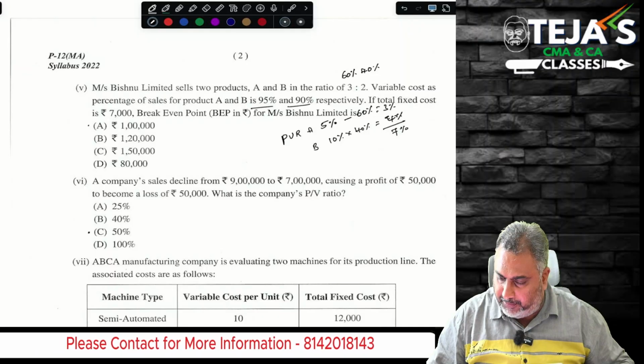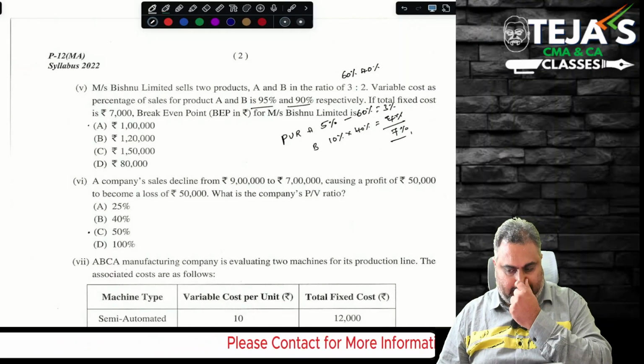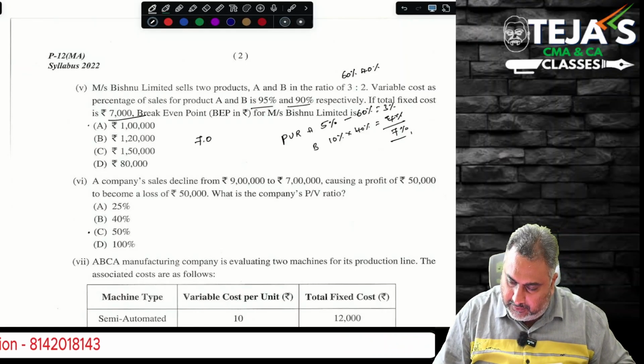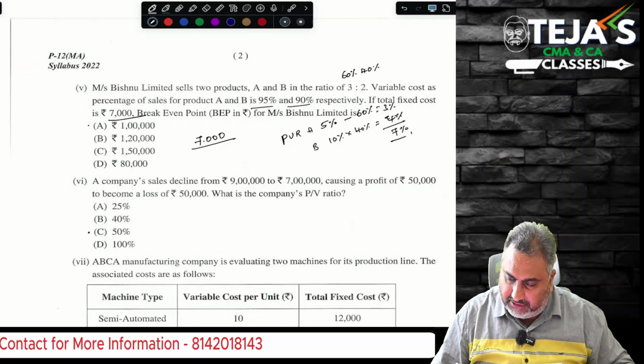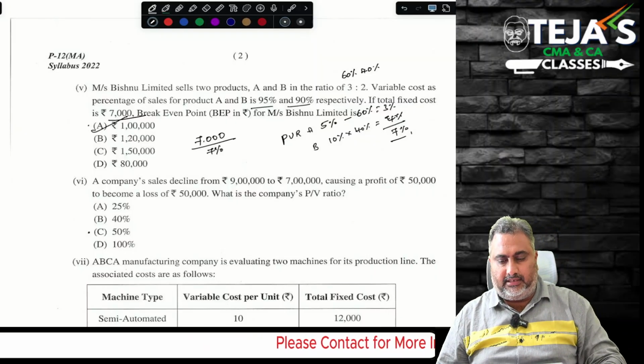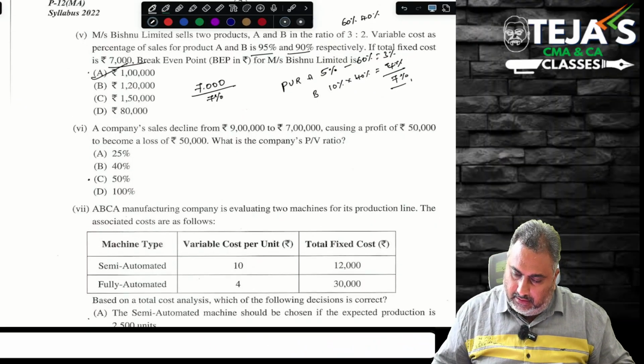Combined, your overall PV ratio on a weighted basis is 7%. What is your fixed cost? 7,000. So break even point is fixed cost divided by PV ratio, and then we get 1 lakh as our break even point.